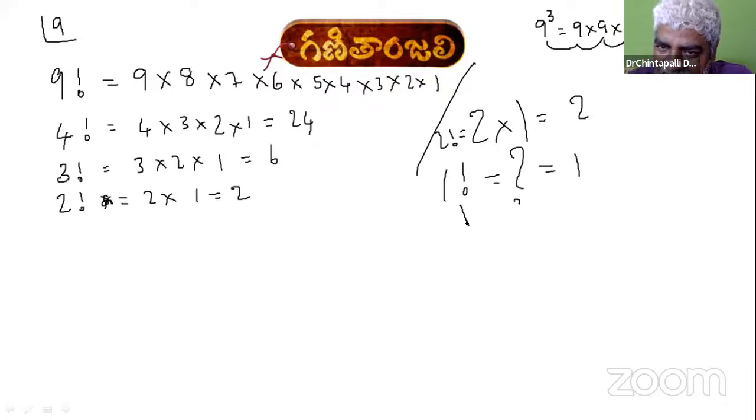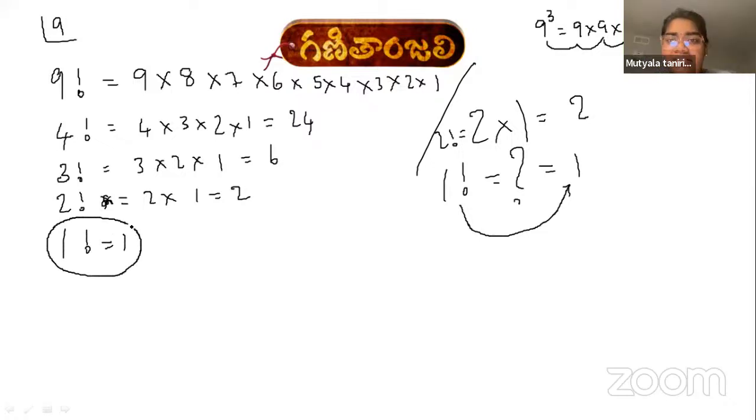There is a sense in saying 1 factorial is equal to 1. Now, what about 0 factorial? 0 times negative 1? But negative numbers are not used.